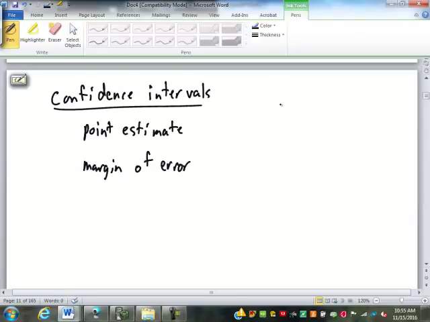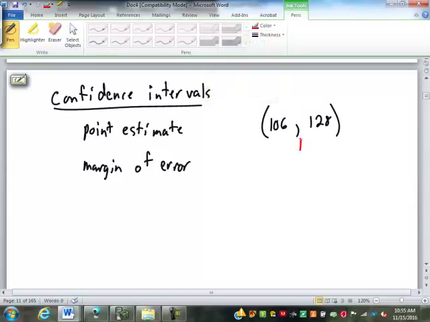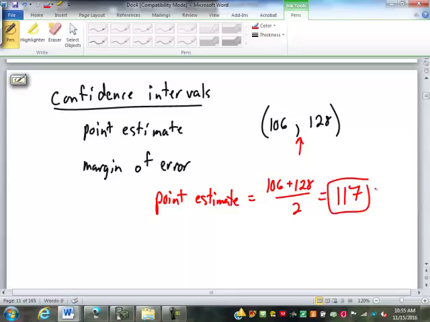Let's say we punched it in a calculator, and a calculator gives us an interval of 106, 128. The point estimate is always at the very center of the interval. So for the point estimate, we can just find the average of the endpoints. 106 plus 128 divided by 2. That gives us 117 would be our point estimate.